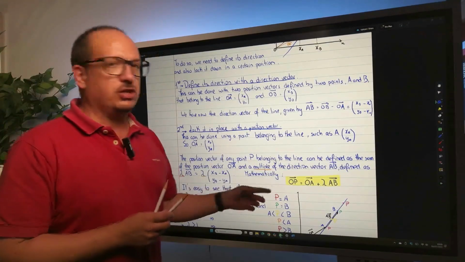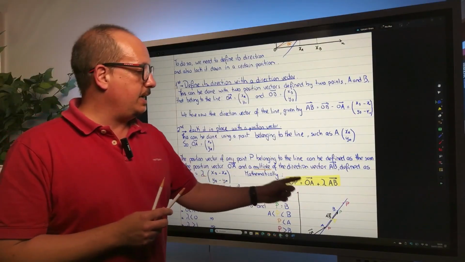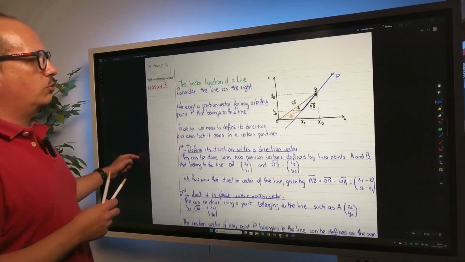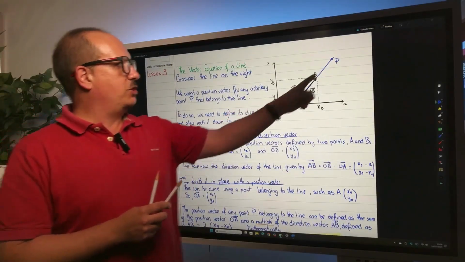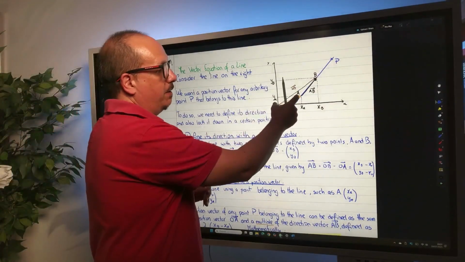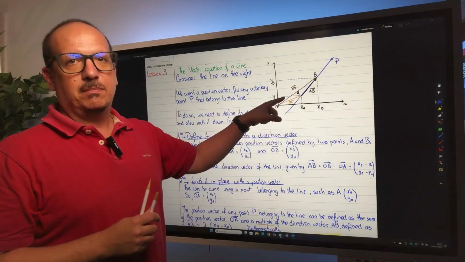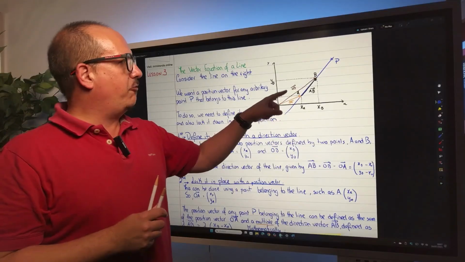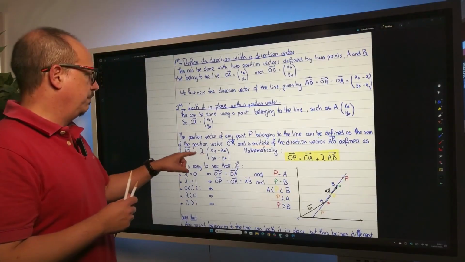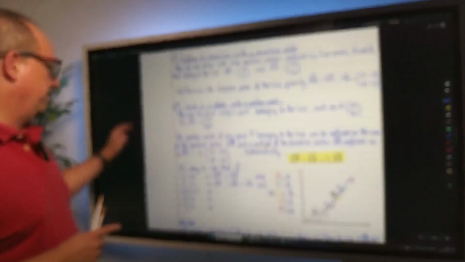Mathematically speaking, the position vector OP is going to be equal to OA plus lambda AB. Let me go back to the drawing to explain what I mean. The position vector of this point P, random, is going to be given by OA plus a multiple of AB. Make sense? The value of lambda, that is the multiplier that you use over here, is going to define the exact position of P, as we're going to see over here.